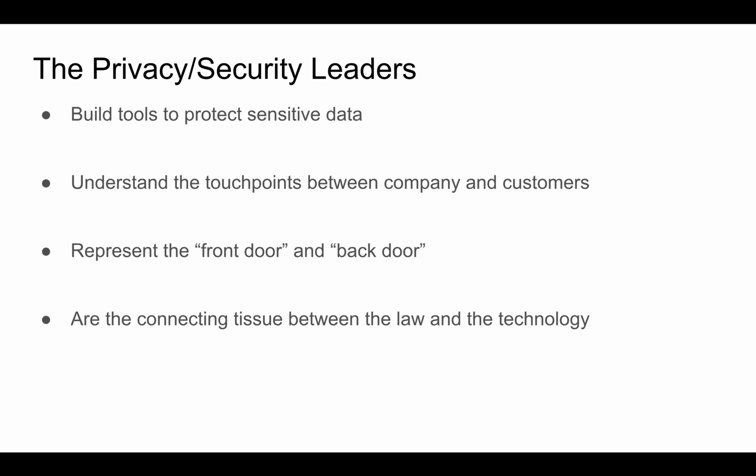That is the right way to access the company's data and the wrong way, so they can protect the company. Both the front door, where legitimate users come from, and the back door, where typical hacking or inappropriate access of data happens. So they tend to be the connective tissue between the law and the technology, that is, between the attorneys and the engineers. They will be key parts of your security and privacy program within the company.